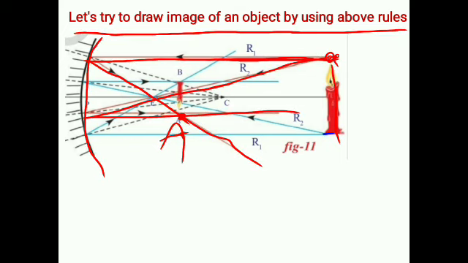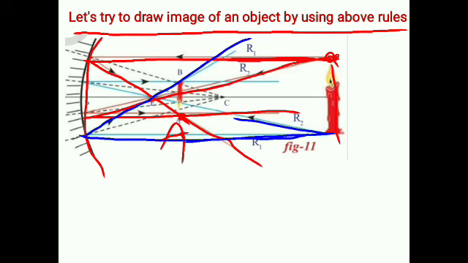Similarly, R1, R2 are the rays coming from the bottom of the candle. R1 is the ray which is parallel to the axis. A parallel ray after reflection passes through the focal point. R2 is the ray traveling through focal point, after reflection it becomes parallel to the axis.